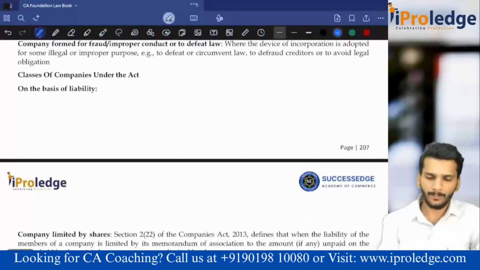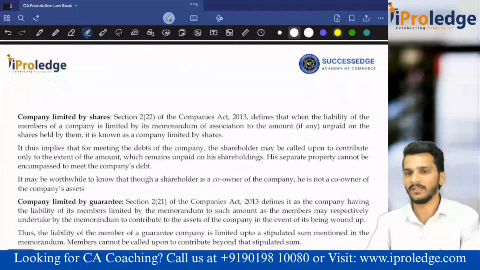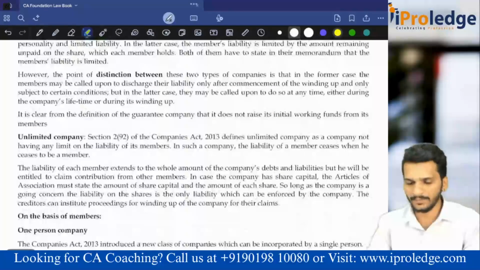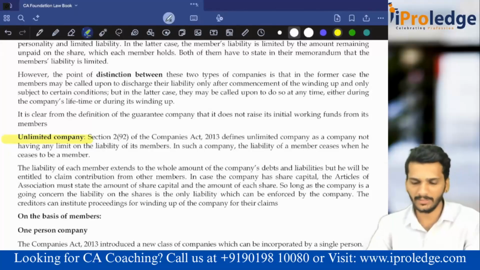If required, possible, try to remember this. If not, that's okay. No need to remember this one. On the basis of liability, there are 3 types of company. We discussed it already. Limited by shares, limited by guarantee, unlimited company. Section number not important for this. No need to remember the section number.